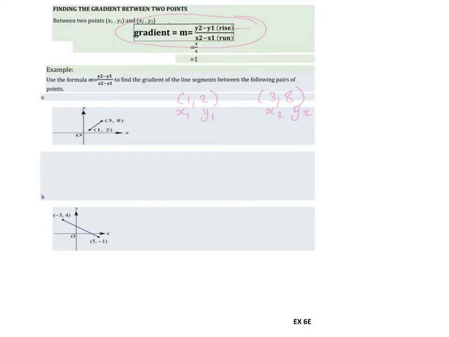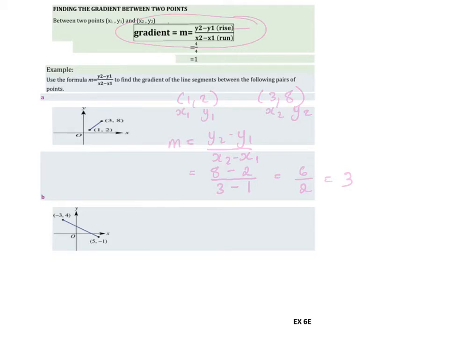All right, the rule here is simply m is equal to y2 minus y1 over x2 minus x1, which is really just giving us the distances there. So y2 minus y1 would be 8 minus 2 over x2, which is 3 minus 1. When you work that out, 8 minus 2 is 6, 3 minus 1 is 2. So my gradient there is 3, a positive 3. Was that aligned with a positive gradient? Yes, it was.